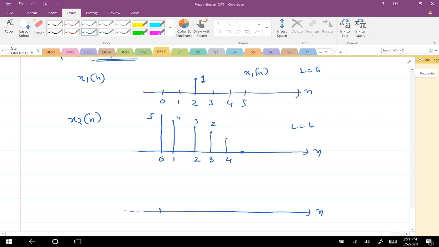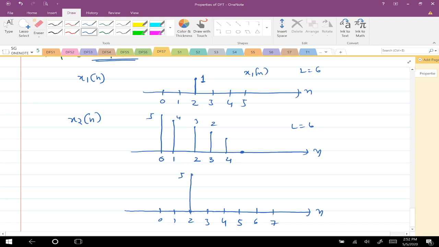So this would be shifted by a factor of 2 to the right, isn't it? So 0 1 2 3 4 5 6 7, should be good enough. The whole thing gets shifted by 2 there. So instead of starting at 0, this would start here.